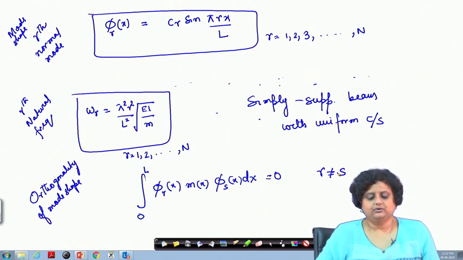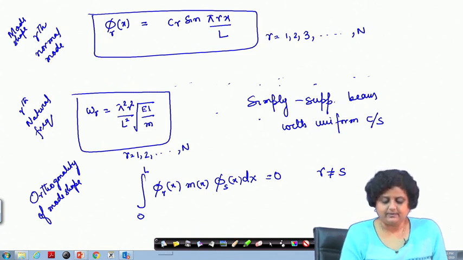So, this is the orthogonality of the mode shape. We can check for any two independent modes, this integral has to be equal to 0. So, we can do that for the case of a simply supported beam as well.